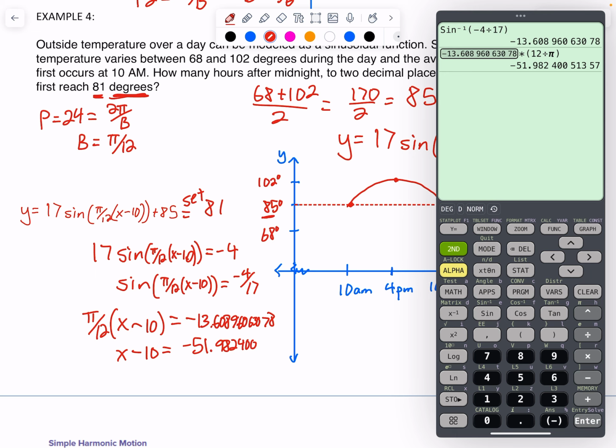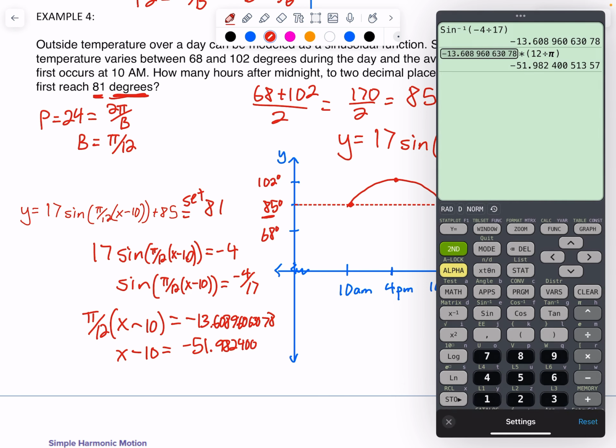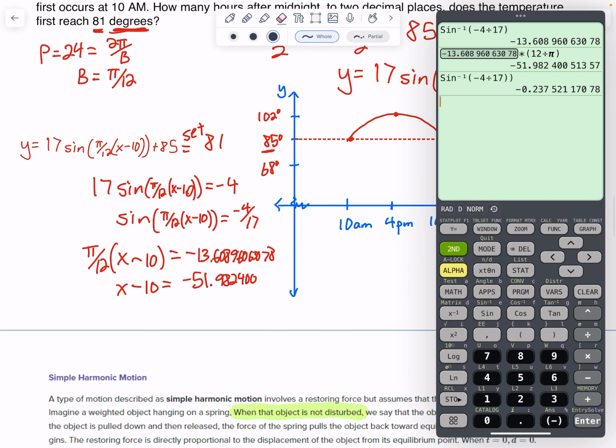Something's up. Maybe we should use radians. Let's try radians. So arc sine of negative 4 over 17. Yeah, that one will work out. Let's just use that. Negative 0.23752117078.